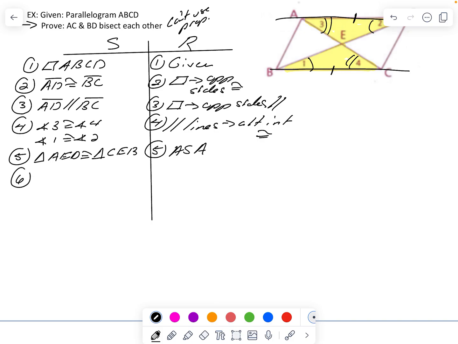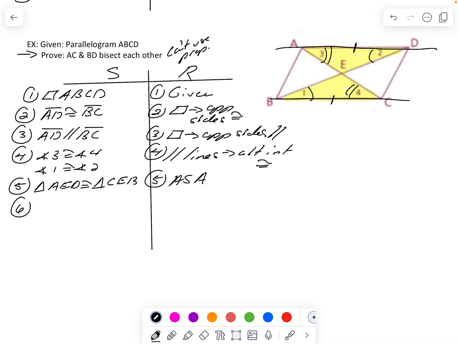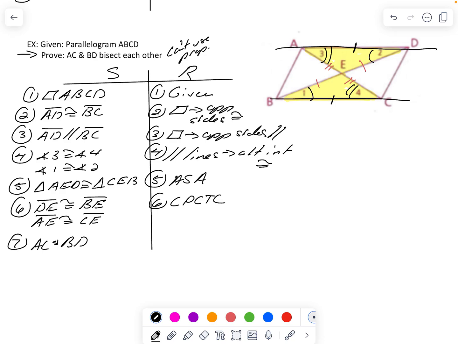And now that I have that, these corresponding parts are congruent. So I have this congruent to this, and that congruent to that. So I can say DE congruent to BE, and I can say AE congruent to CE, and that's all by CPCTC, which means finally AC and BD bisect each other.